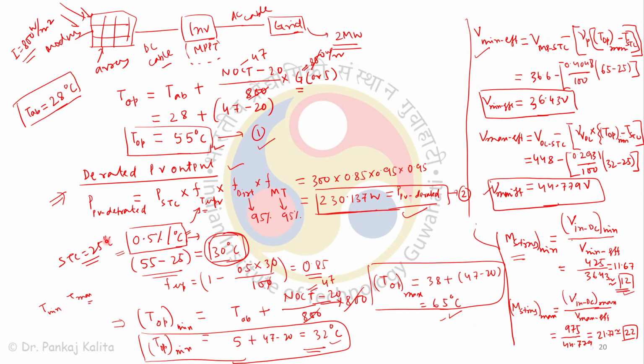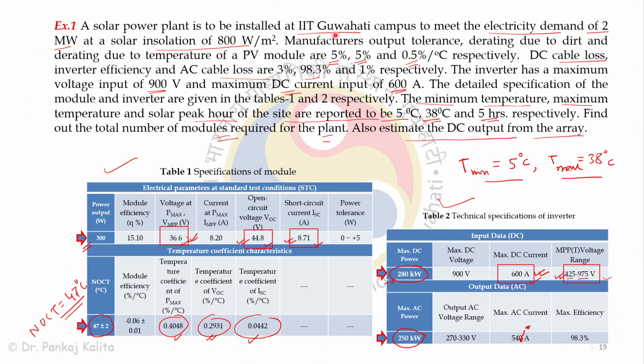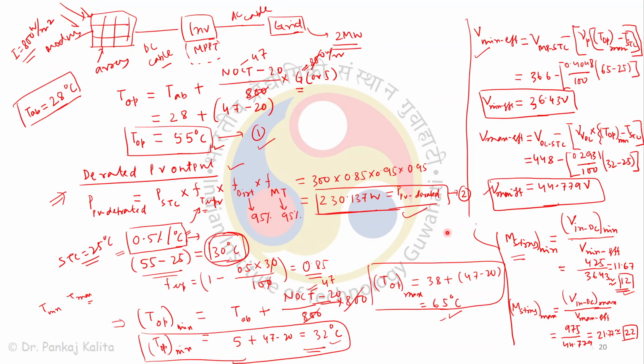Then we multiply it with the efficiencies 0.85, 0.95 and 0.95 given here, output tolerance and dirt, so you just decrease it from 100 and multiply. So 230.17 watt is the PV derated power.